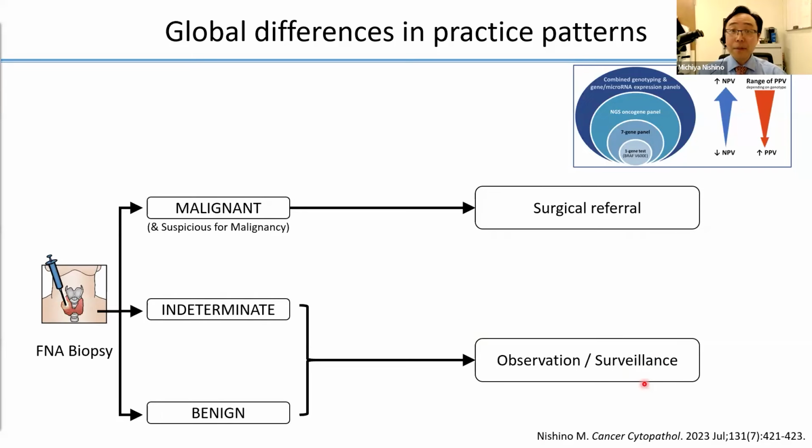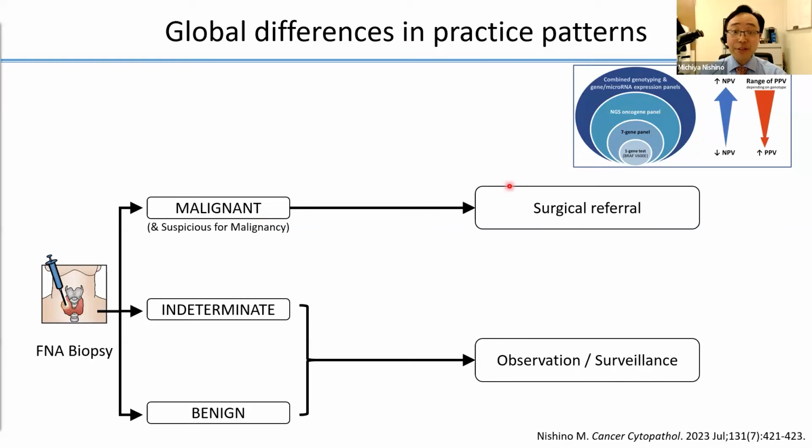Now, on the other hand, Dr. Ken Ichikakudo and others have shown us that in Japan and in other Asian countries, patients and clinicians generally recommend and prefer a conservative, watchful waiting approach for these clinically or cytologically indeterminate cases, really reserving surgery for those cases that are either suspicious or positive for cancer.